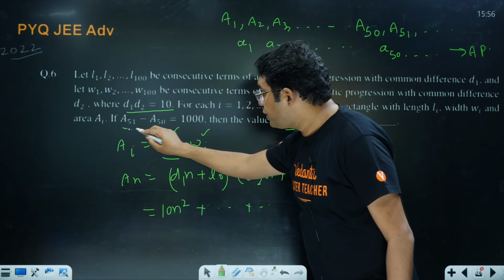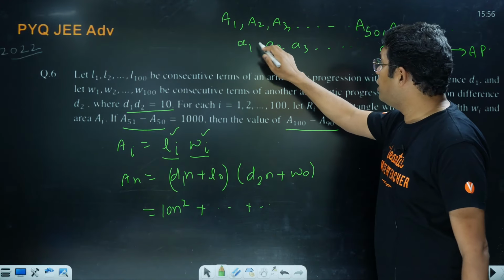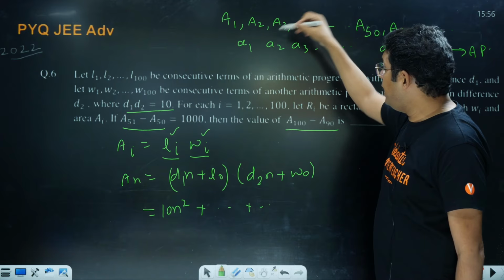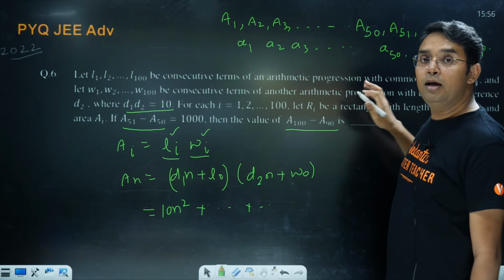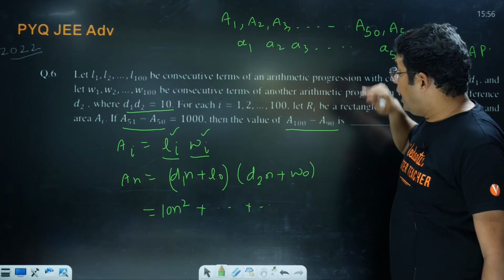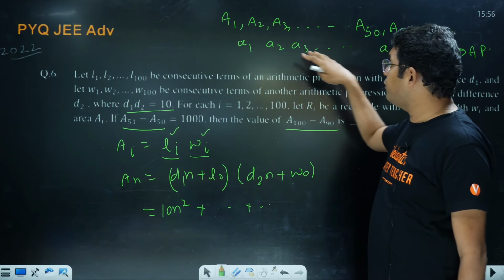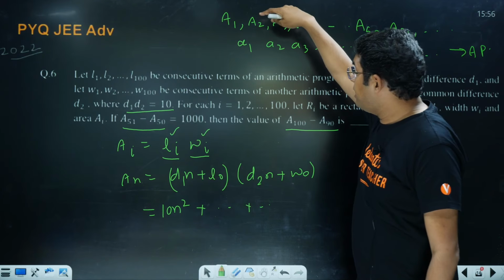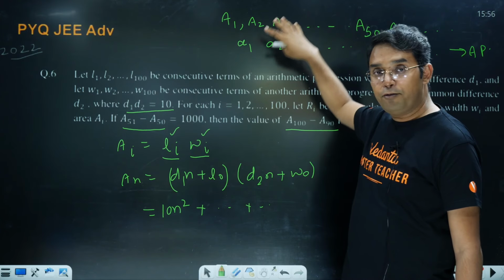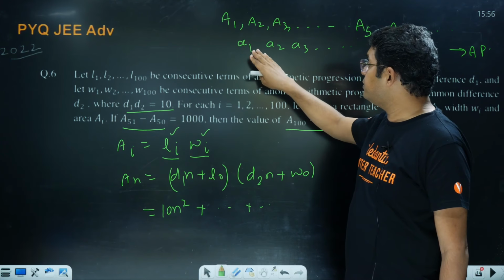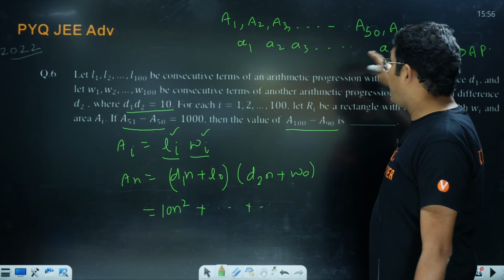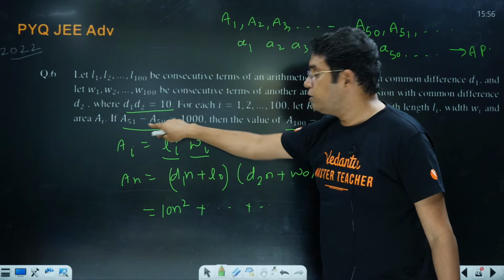We want the difference of two terms. I am actually looking for this series where A1, A2, A3, A50 are there. I'll explain why I am looking for this, but let's first understand that if we know A1, A2, A3, the difference of two consecutive terms would be AP, and if we can find this AP, I will tell you how this will be found.